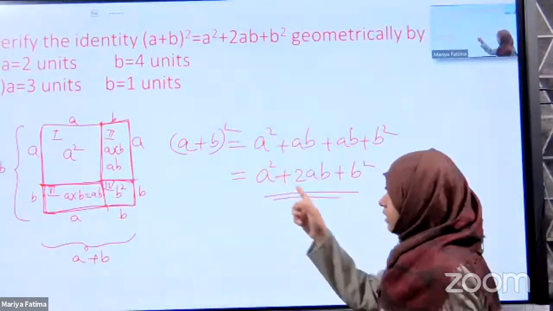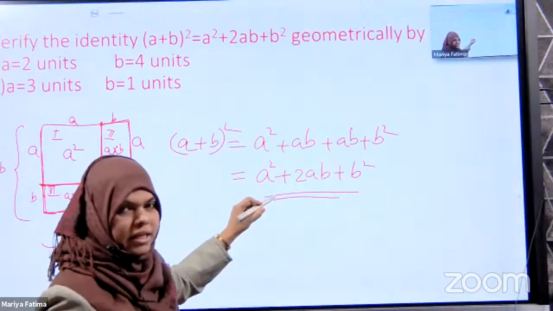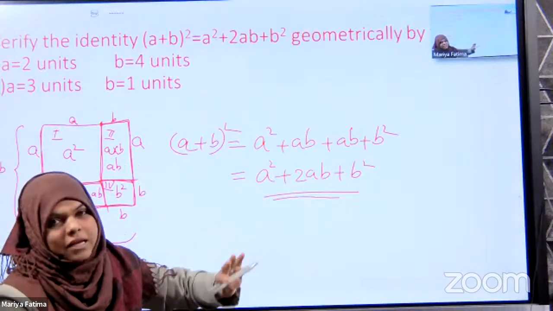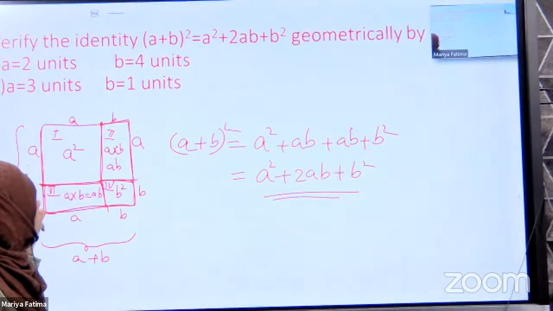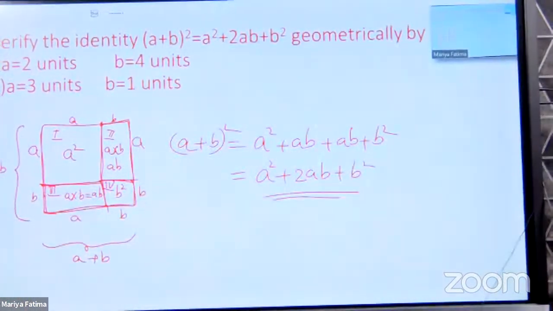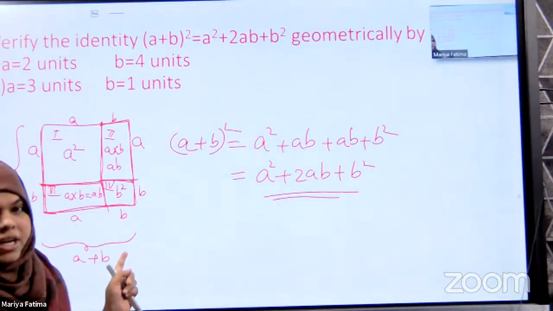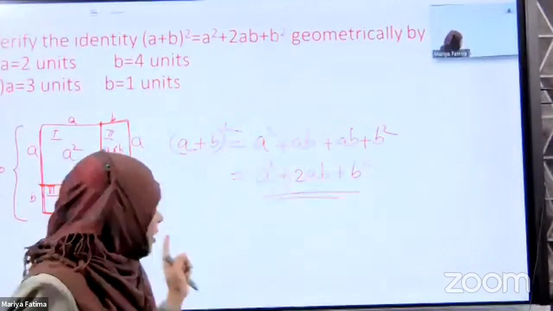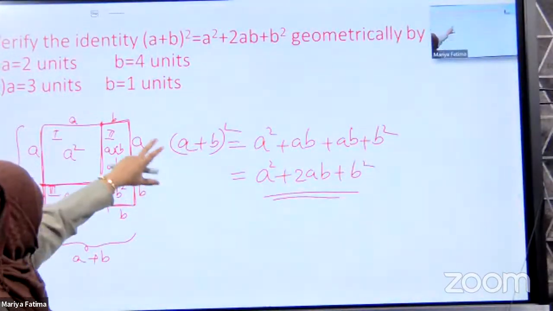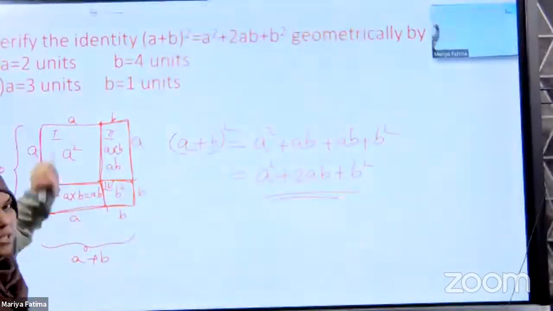So did you get this? A plus B whole square is equal to A square plus 2AB plus B square. This is the geometrical verification of the identity.